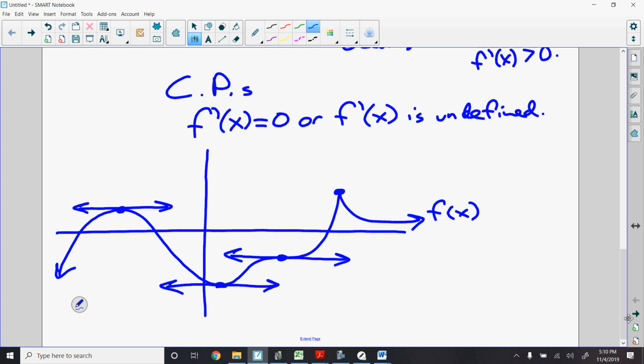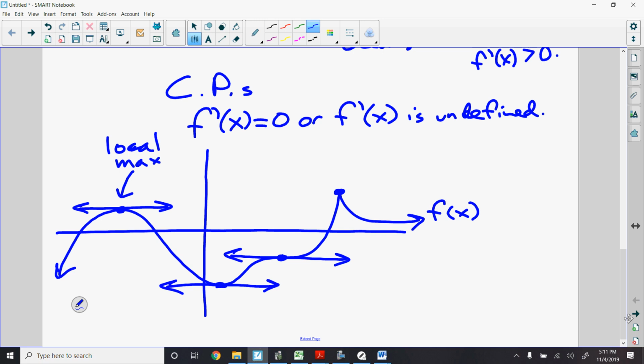Okay? Well, critical points can be one of 3 things. They can be a local max, also called a relative max. They can be a relative min or a local min, or they could be neither. So just looking at this, this is a local max right here, because we can see it's the highest point in its little area.